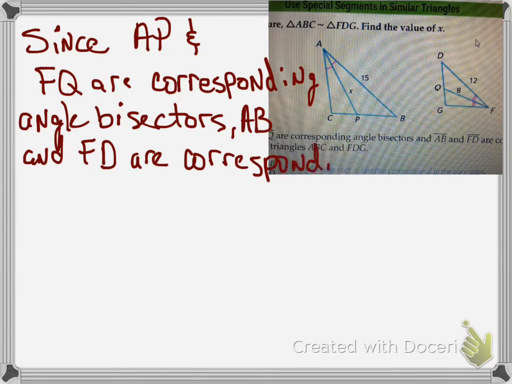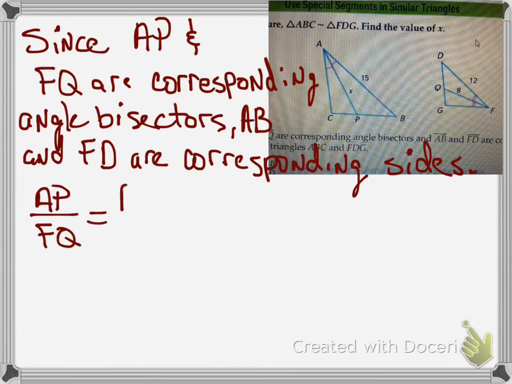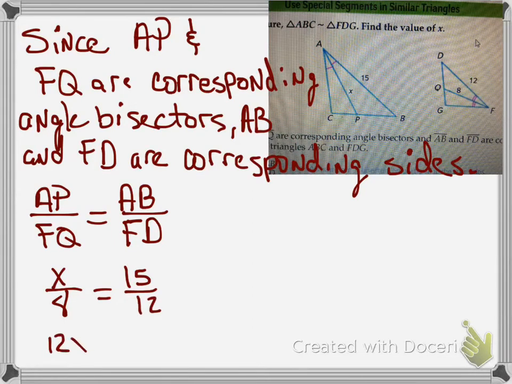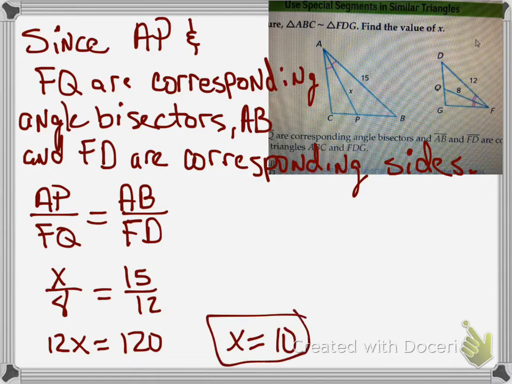And we've got to figure out which sides go together. In this case, AB and FD go together. So I can quickly set up AP over FQ is equal to AB over FD. Notice how I did the left triangle on top and the right triangle on the bottom. Set up your proportions, cross multiply and divide, and you get x equals 10. Fairly simple, not hard to do at all.